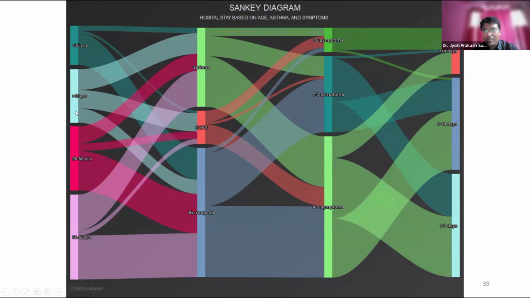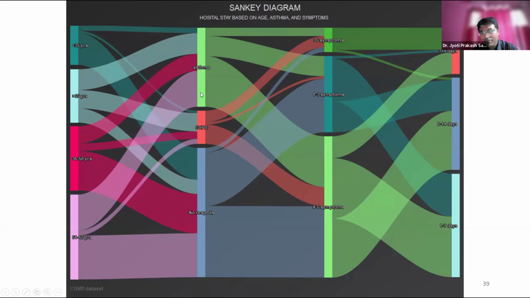Focus on this one, the elderly participants, more than 65 years. Majority of them had either asthma or COPD. Only few of them had no respiratory disease during the admission.